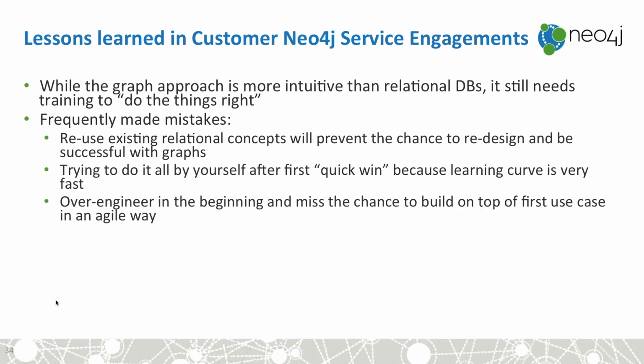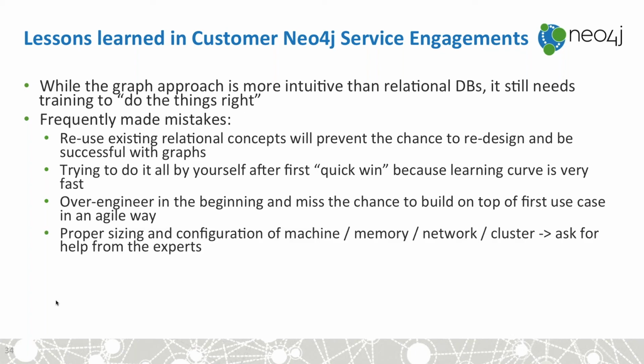Attempting to over-engineer in the first phase of the project instead of using agile approaches is sometimes also leading to frustrations, because that is most of the time simply the approach which has been taken in relational projects. And as I said before, the best way to do it is basically to rethink all the approaches and also then support the agile approach, because Neo4j as a database is supporting these new approaches.